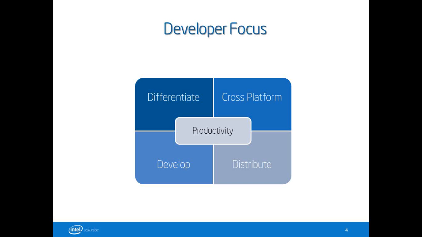So it is very important for me as a developer to be equipped with tools and development infrastructure that can help me make my applications in a very productive and efficient manner.